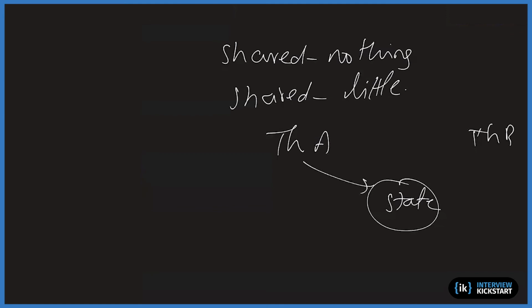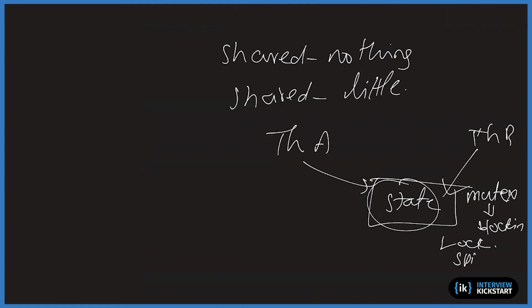It may be a state variable, but keep it minimum, because then you have to make a mutex for this, and a mutex may mean blocking, or you may use a lock, which may be spinning, which is fine. Or they are occasionally synchronizing, and this information is not held forever. It is just when you're up. This may be updating the state, this may be reading the state, or vice versa. So it's a very small known operation. That is why it's called the shared little model.